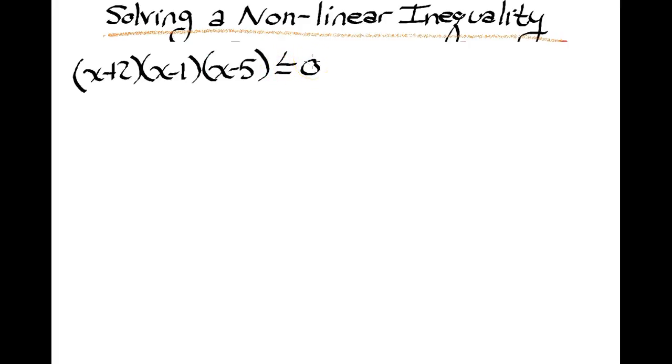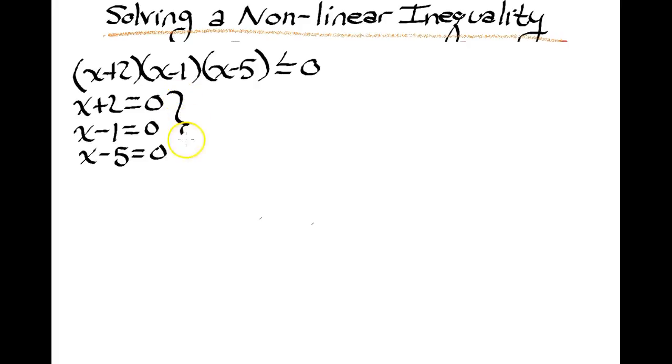Okay, so let's go ahead and solve this related equation or inequality. So I have 3 factors that I need to set equal to 0 to solve the related equation. Alright, so the values I get here are x equals -2, 1, and 5.